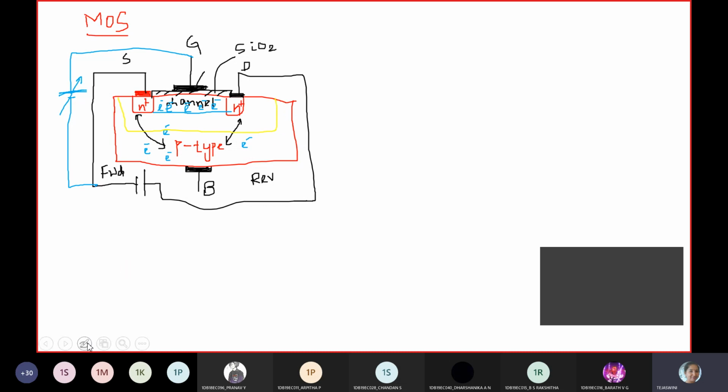The channel is formed but there is not that much conduction. So Vg should be greater than the threshold voltage, Vt. When Vg is greater than Vt, the transistor is on. If Vg is less than Vt, the transistor is off.